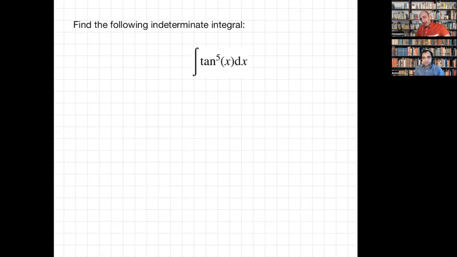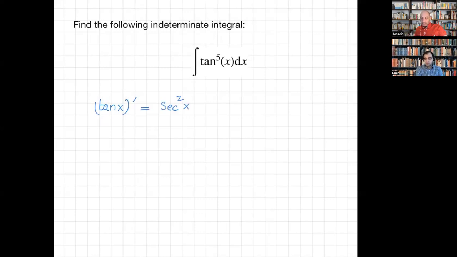Okay. So I think I'm going to start by writing something on the side related to the derivative of the tangent. If you have tangent of x and you want to take the derivative, the derivative is secant squared of x.